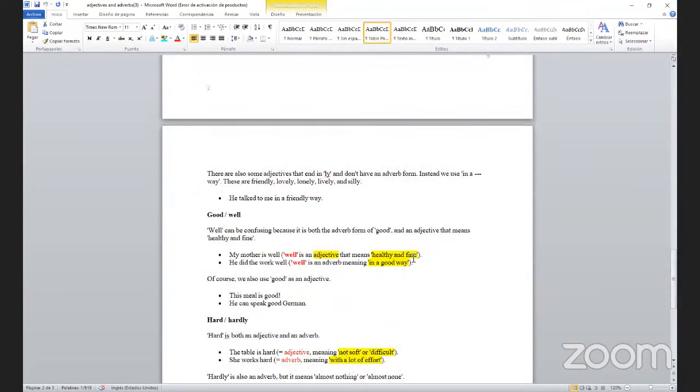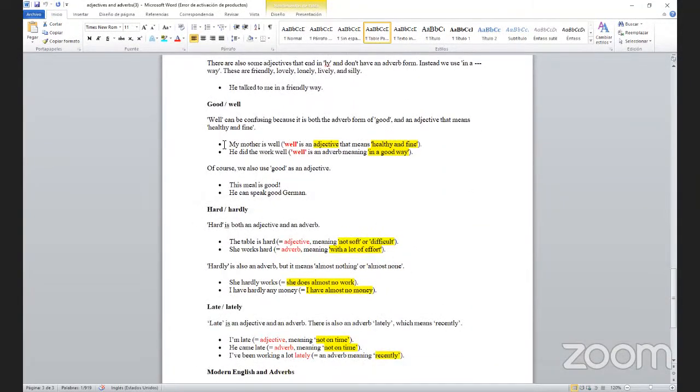Now, here we have some examples with these exceptions where I can use well as an adverb or adjective. My mother is well. I can use well, but I am talking about health. Okay. He did the work well.